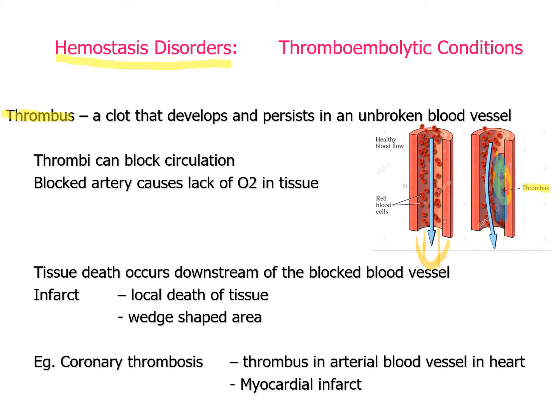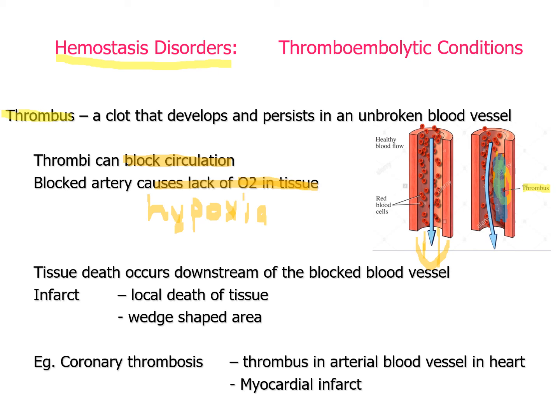Now, a thrombus can cause serious damage. It could block circulation, so downstream you get inadequate O2 to the tissues. You get tissue hypoxia, which means low oxygen in those tissues, inadequate supply of oxygen to the tissues downstream of the thrombus.